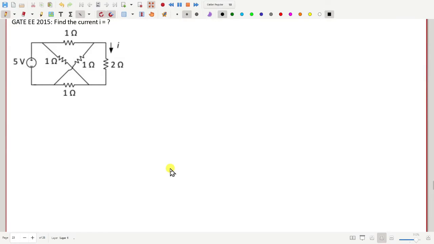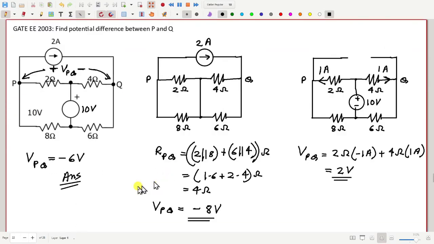Sir, won't it be minus 2 volt VPQ in the third figure, the rightmost circuit?